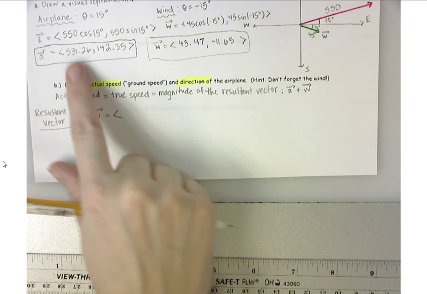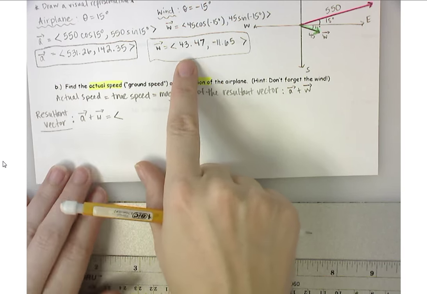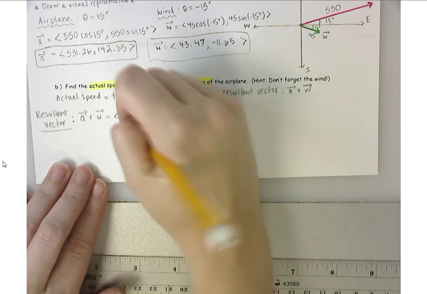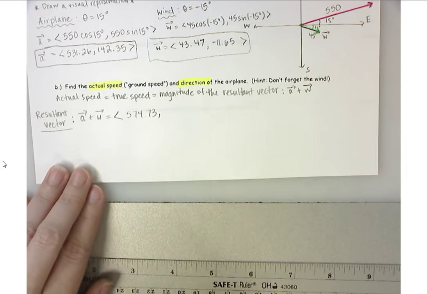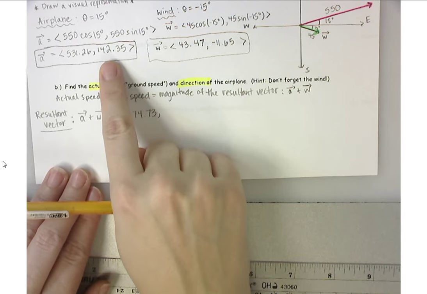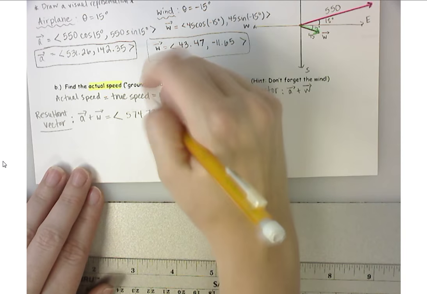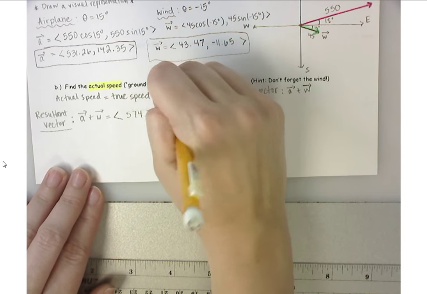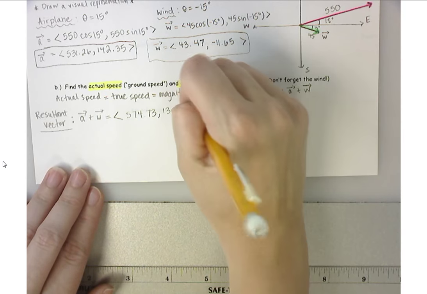So you're doing 531.26 plus 43.47, and you should get 574.73. And then you're going to add 142.35 to negative 11.65, and you will get 130.70. Is that what you guys got?